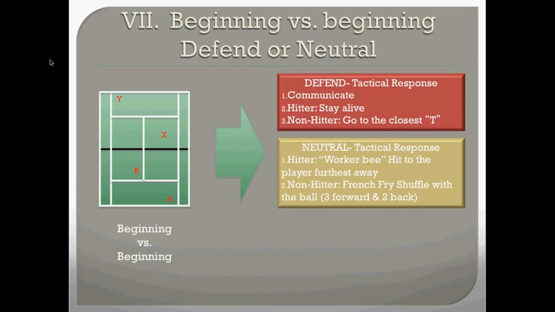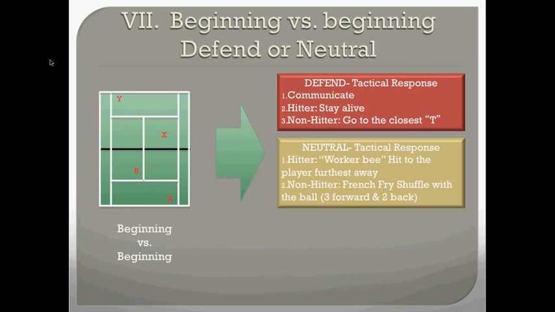If player B does not move forward, if you notice where Y is, there's a big hole in that service box and the alley area for player B. So once the ball is hit by player A, player B will do the French fry shuffle and move 3 steps forward at a shuffle. That's player B, once the ball goes by X.